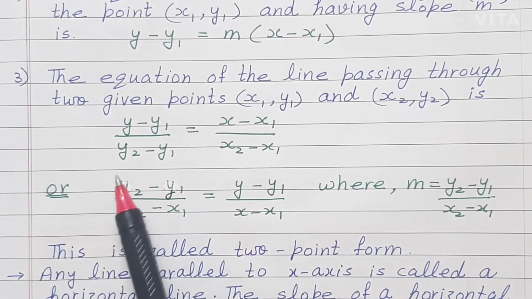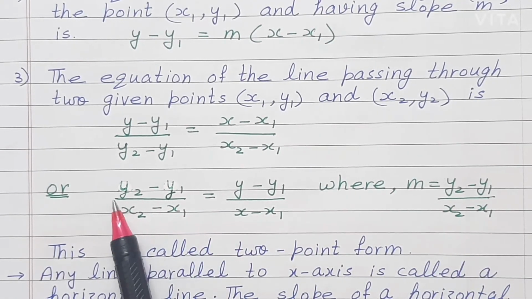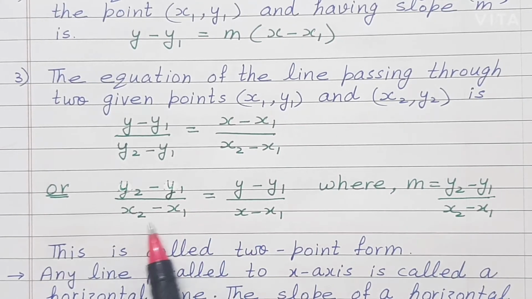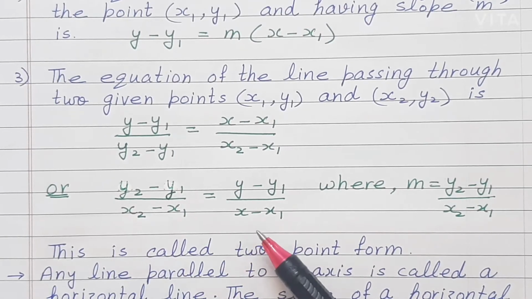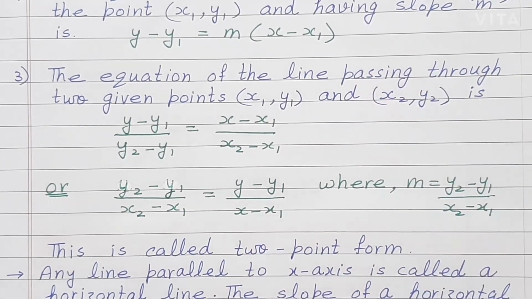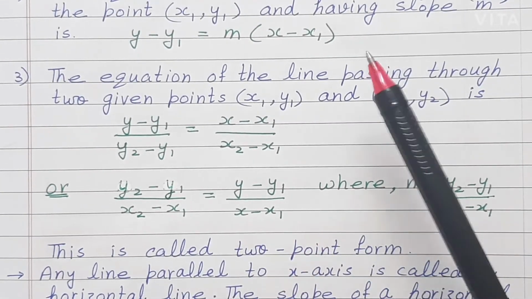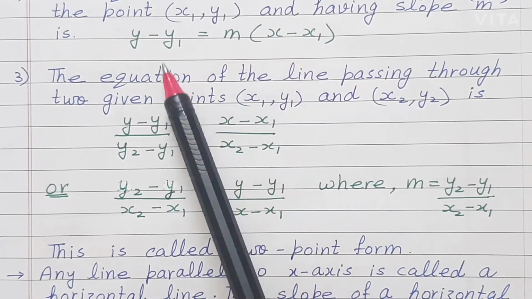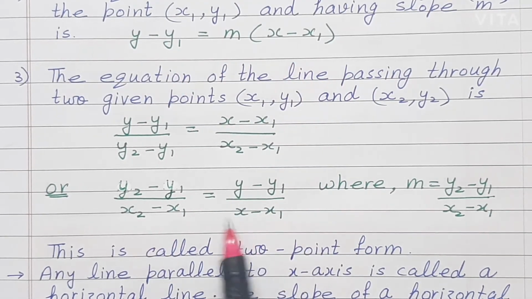Where m is basically (y2 - y1)/(x2 - x1). So instead of this, if you write m, you can move to the 1-point form formula. Clear? So students, in the 1-point form formula, we always use only one coordinate. But in the 2-point form formula, we will use 2 coordinates. I hope it is clear to you now.